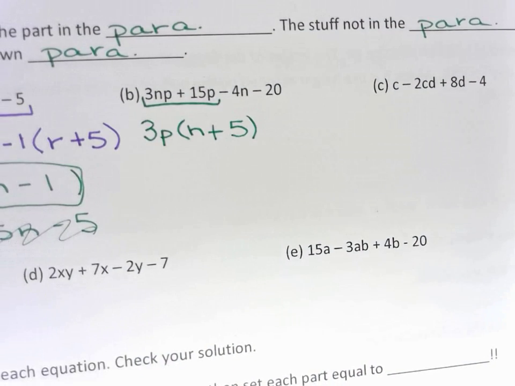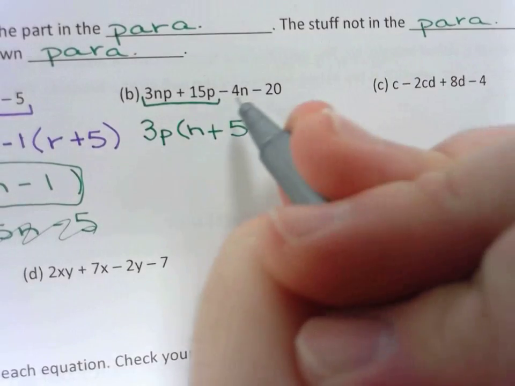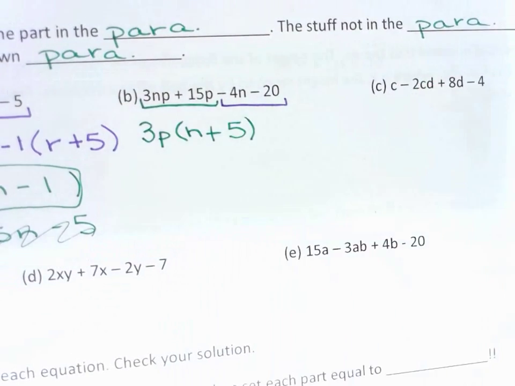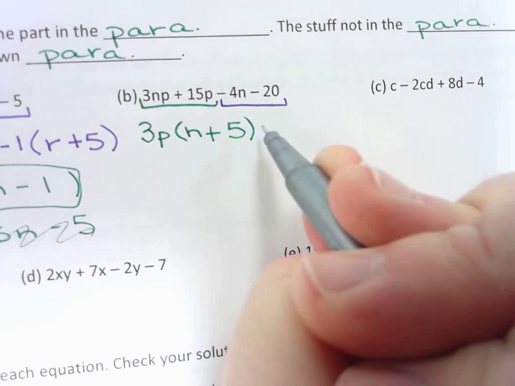So you take the GCF out of the first two, just like we did. Now I look at my second two, negative 4n minus 20. My goal is to get my parentheses to be the same if I'm doing it correctly. What is the GCF of negative 4n and negative 20? Negative 4.